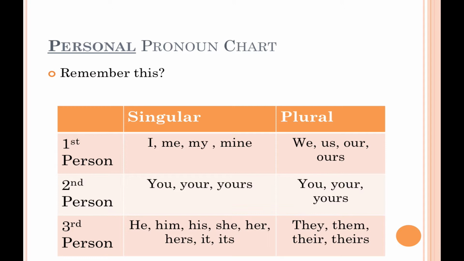Meaning we have to have a specific something in mind in order to replace them with a personal pronoun. We can't say he and not know who that he is. It's probably Johnny or Jimmy or Frankie. Same with her, same with you. We need to know who the specific replacement is when we use personal pronouns.